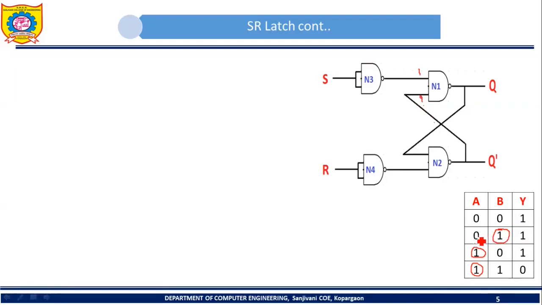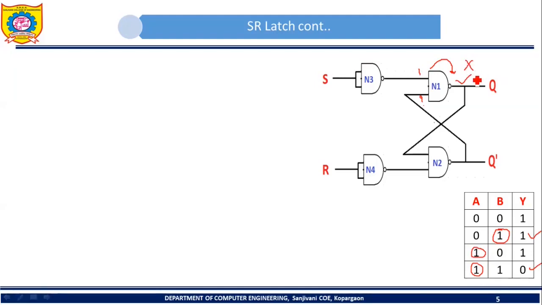Here, which is the second input? 0. What is the output? The output is 1. Now here, which is the second input? The second input is 1. So what is the output? The output is 0. So in this case, can I say that the output of this NAND gate N1 will depend upon this second input? If we know that one of the inputs is 1, can we directly predict the output of this NAND gate N1?